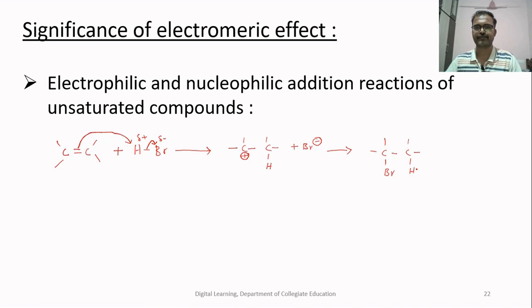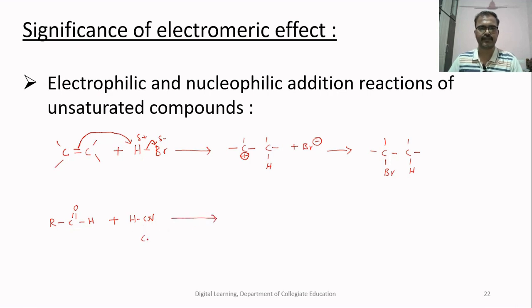Now let me consider another example. It is a nucleophilic addition reaction. I am going to take an aldehyde. When the aldehyde is made to react with hydrogen cyanide, it gives the respective cyanohydrin.